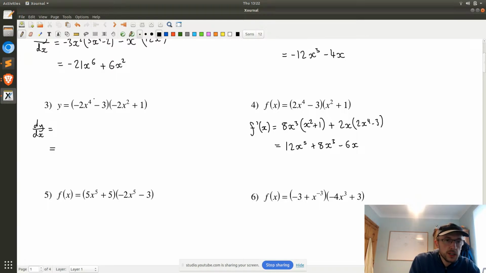So differentiate the first one, and I get minus 8x cubed, and the second one is left alone. Then I differentiate the second one, so I get minus 4x. And the first one is left alone. And now bring them together.